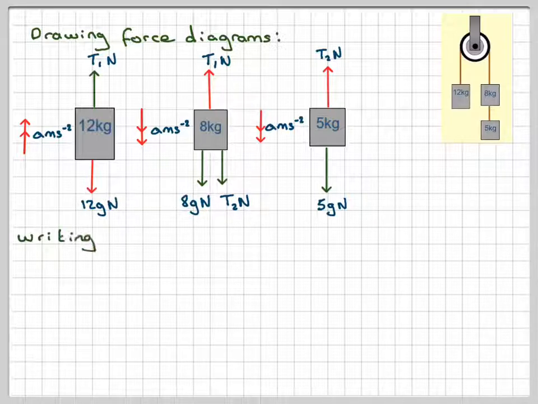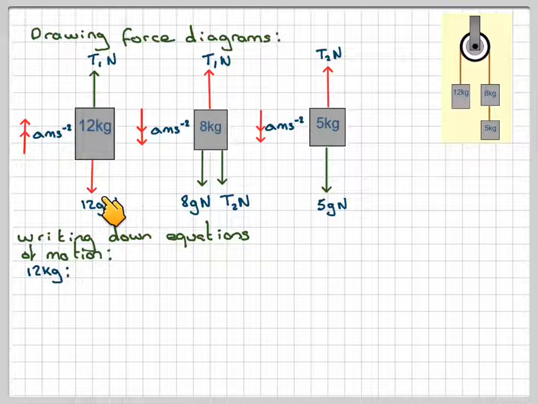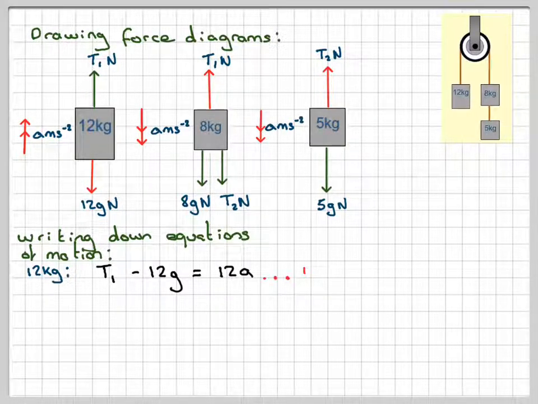So, writing down equations of motion. For the 12 kilogram weight, because it's moving this way, we're going to have T1 minus 12g equal to 12A. We'll call that equation 1. We're using Newton's second law here.